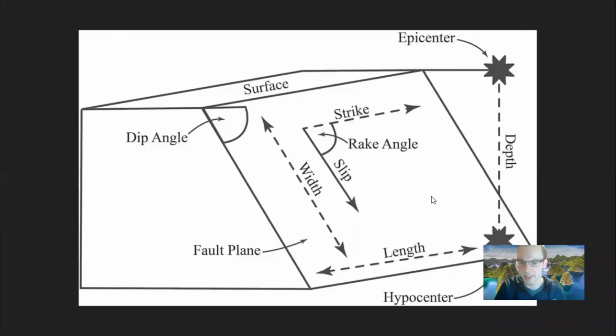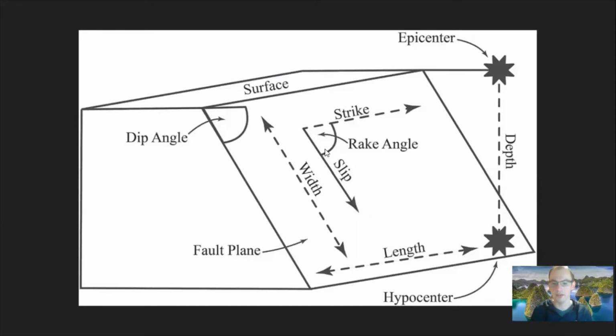Again, at first this does look a bit overwhelming, but all this is really just to help us constrain, okay, what does the movement of these faults look like? In what direction does it happen?